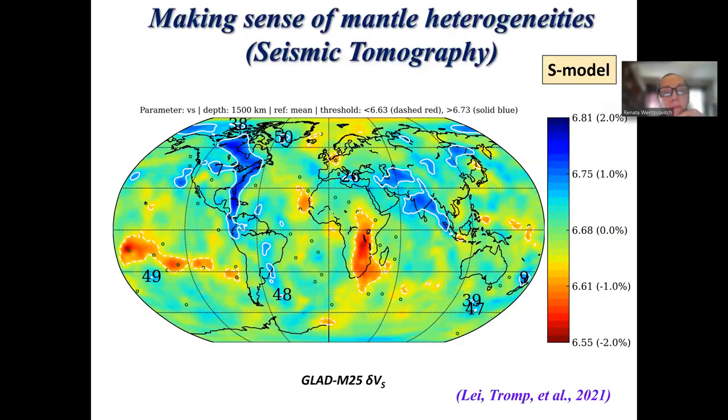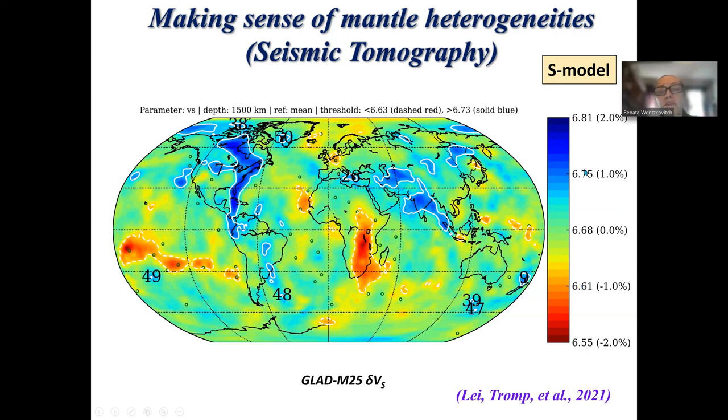But today there are much more sophisticated models of velocity. Today we have three-dimensional maps of shear velocity and compressional velocities in the Earth, and this is called seismic tomography. And as you can see, there are lateral variations. This is 1,500 kilometers depth, and this is the velocity heterogeneity.